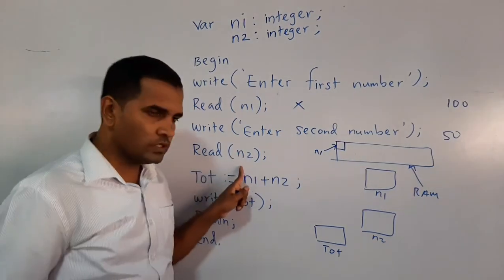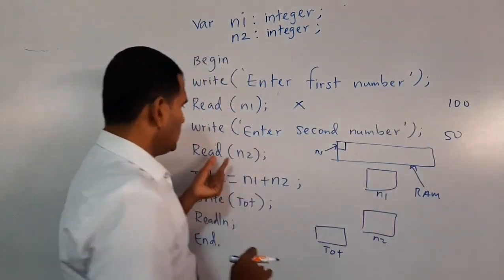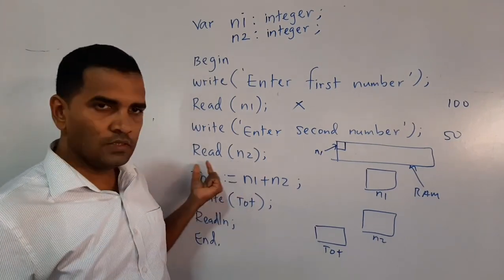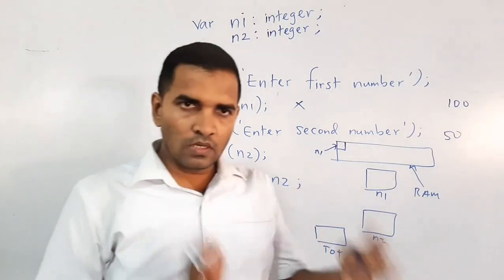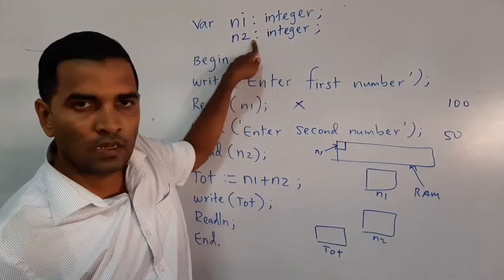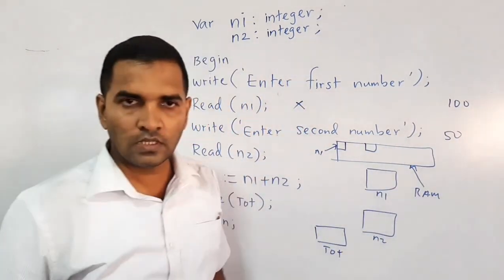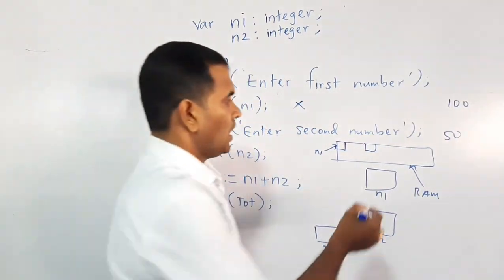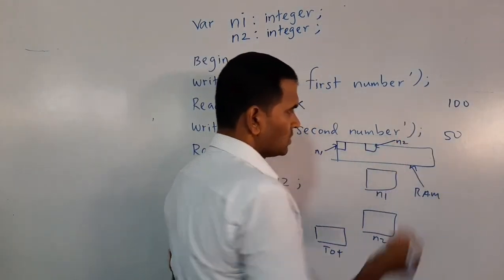Now come back to this line. For the second number, yes, you entered 50. In the next line, you have an instruction to the computer, which is read n2. Now the computer knows n2 because when the computer reads this declaration, it allocates another space, and that is named n2.